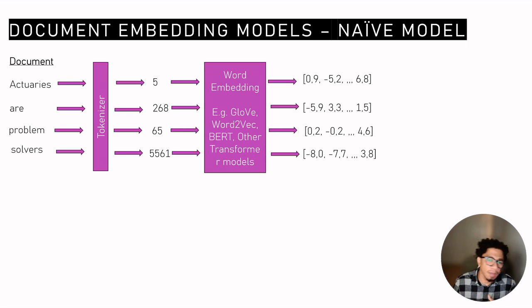Versus I ate an apple for breakfast. Apple is my favorite fruit. It has a different meaning. So transformer models are able to transform that vector into another vector that will contain a contextualized meaning.